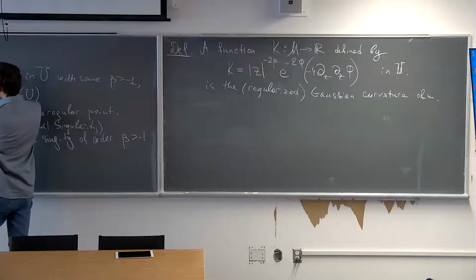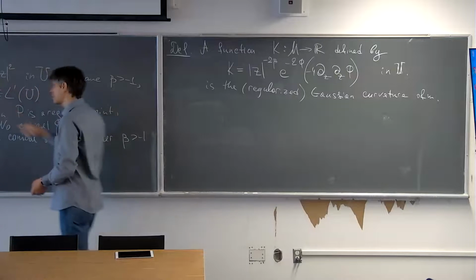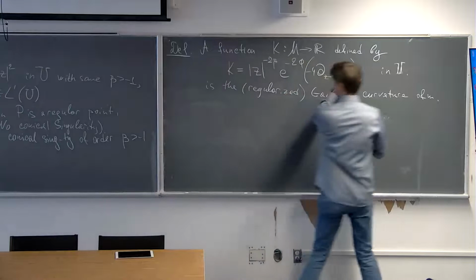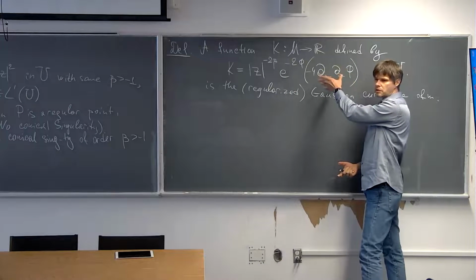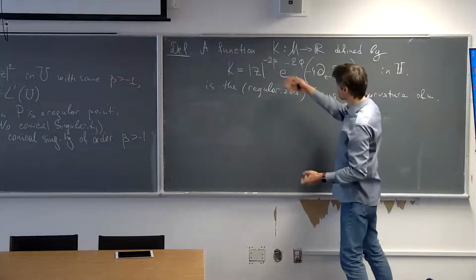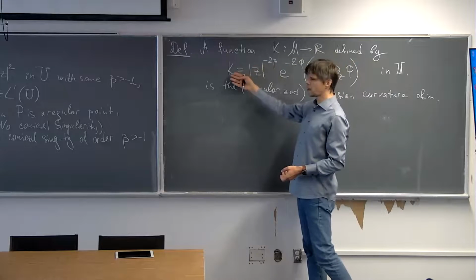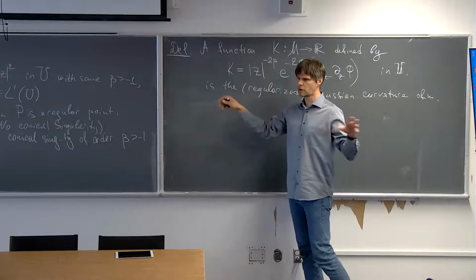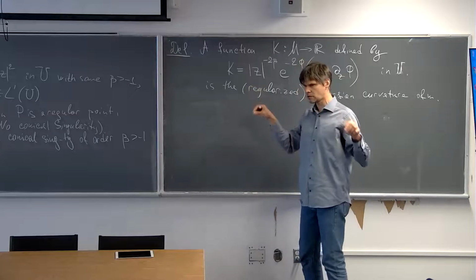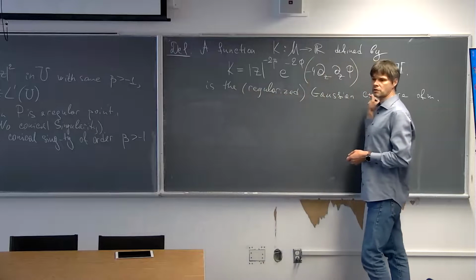So we need to add the log of the absolute value of z there. It also appears here. And as a result, it will also produce delta function at z equals 0. So you can interpret this as the Gaussian curvature with all delta functions removed. So you drop all those delta functions at the conical singularities. As a result, you get what we call the regularized Gaussian curvature.